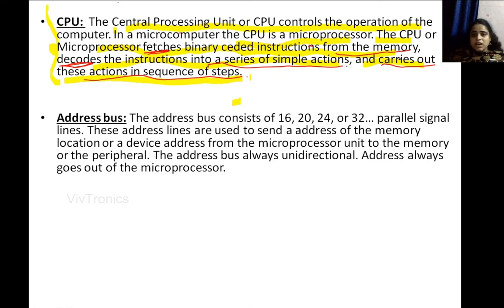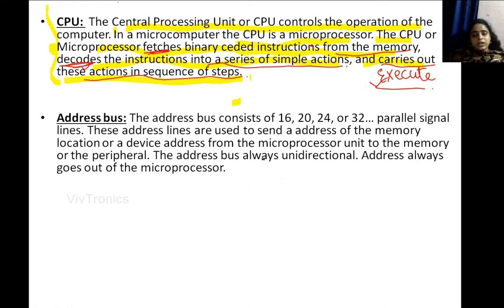Carrying out can also be termed execute. Those are the three main and major steps the CPU, or our microprocessor, does, and our entire system follows these three steps: fetch, decode and execute.